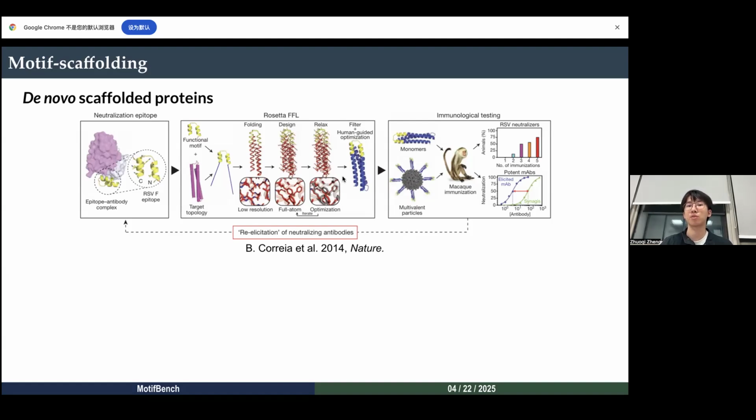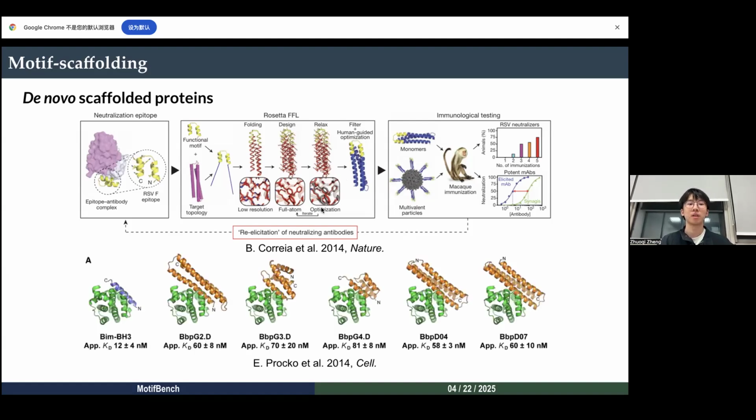In this sense, it has great potential in vaccine design. In another example, we see how scientists use the motif scaffolding regime to design binders which have high binding affinity to selected proteins.